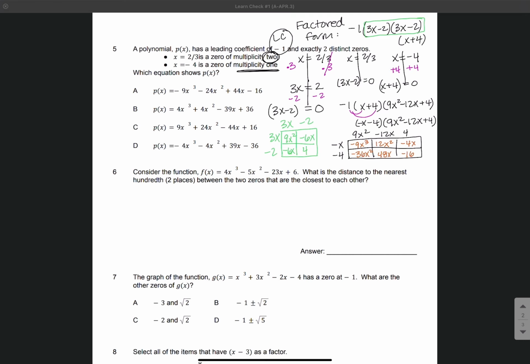Okay. From there, we're going to see if we can combine any like terms. And the answer is yes, we can, because I can combine these x squares together and these x's together.